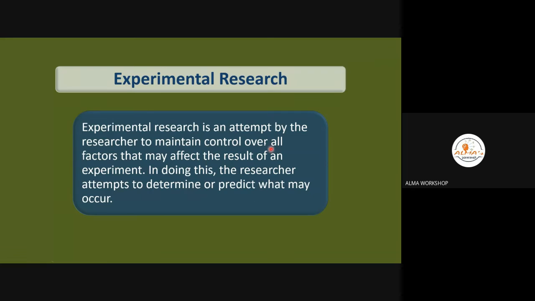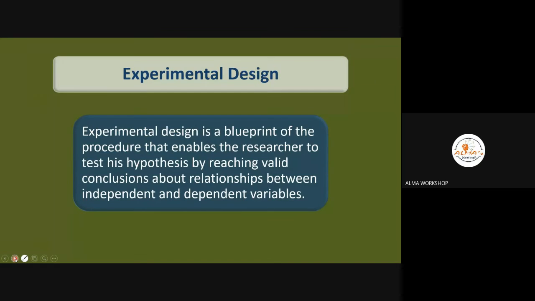You have an experimental group and a control group. You can control the control group and you can predict the result. Experimental research design is a blueprint where you have some hypothesis and come to conclusions about the relationship between the independent and the dependent variables.